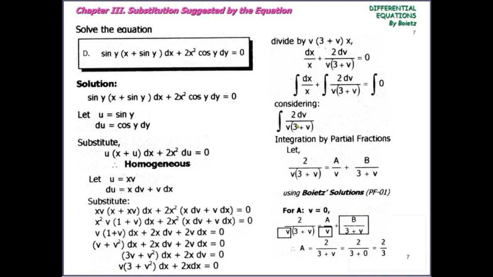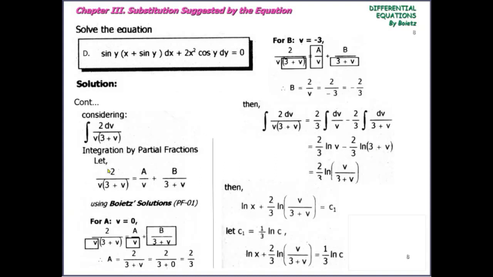Then you can solve for this coefficient. The target here is to solve for the coefficient. You can use several methods if you want, but I have a simplified approach, which we call the takip method. Then after solving for A and B, we substitute into the integration.